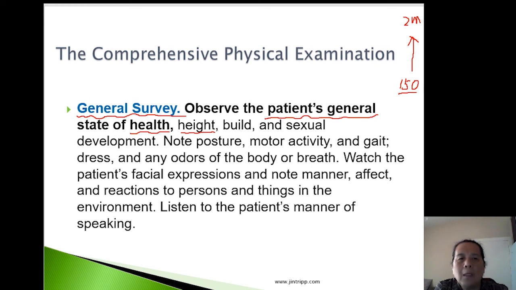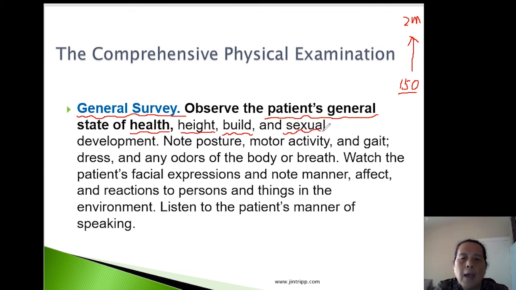But some patients, I think, are 20 or 30 years old and only about 1 meter, or maybe 1.3 meters. That is truly abnormal. Then we look at the body, not too thin, not too big.